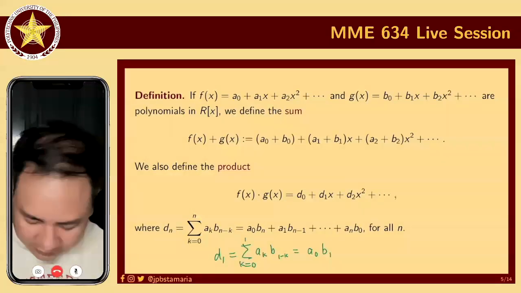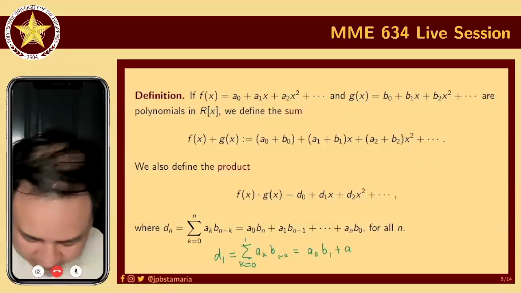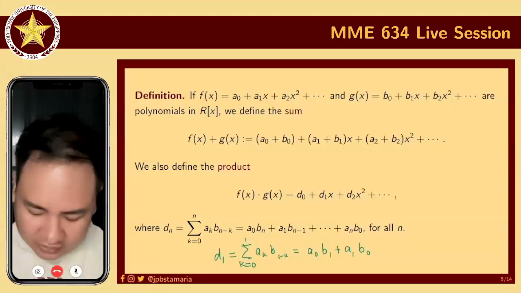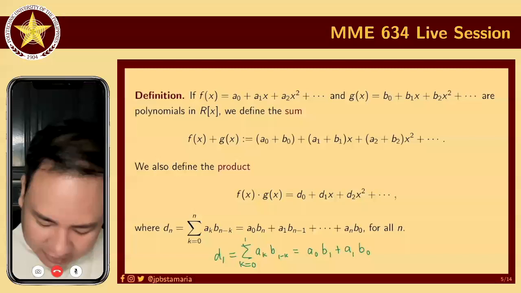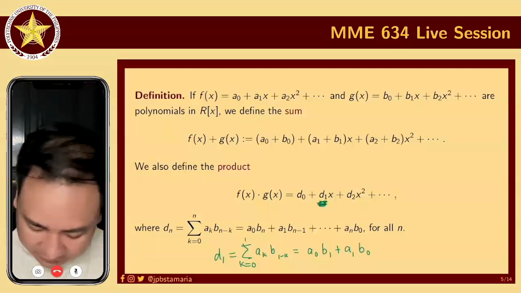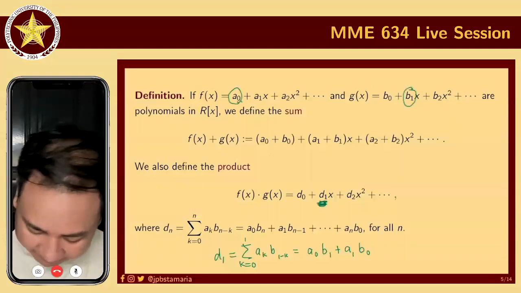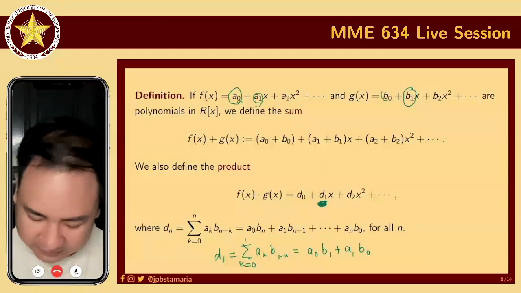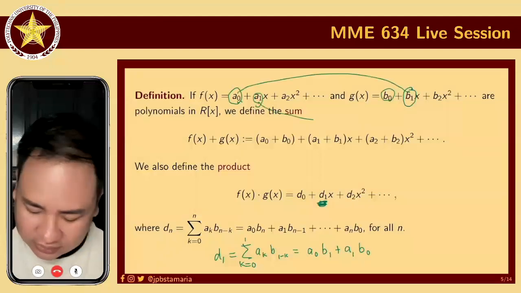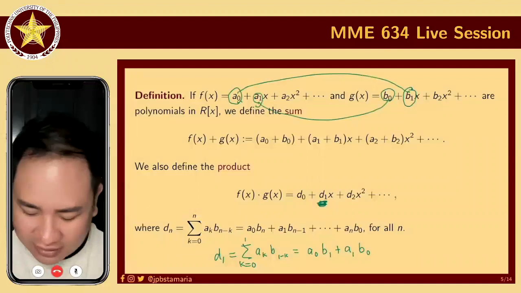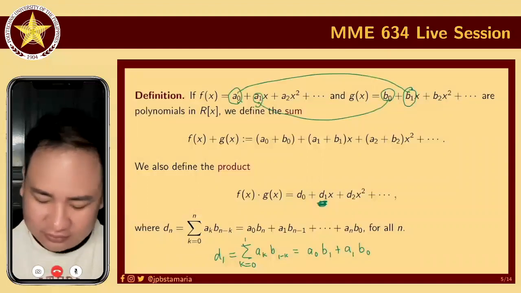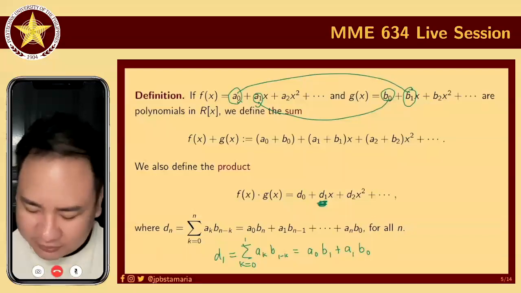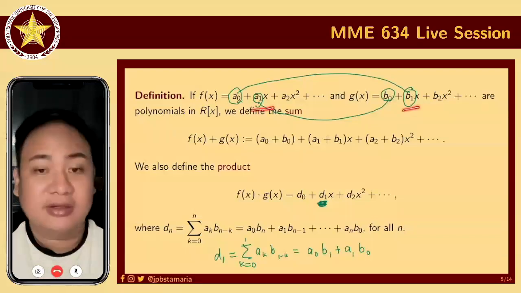Diba? Second term, A1, B0. So, para malaman mo yung formula sa D1, ang kailangan mo ito, A0 times B1 plus A1 times B0. Bakit? Kasi yung dalawang factors, what do you call this? Sums, products na yun, yun yung magpro-produce ng x. Nakita nyo?